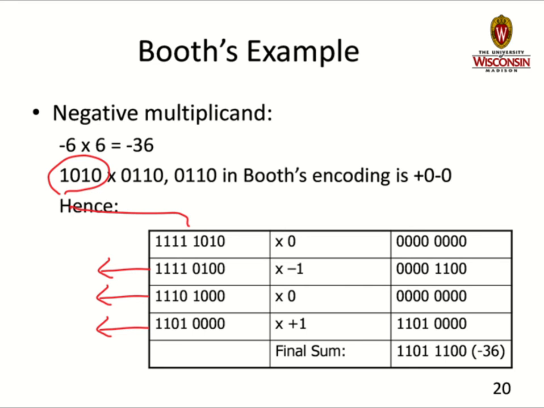The next one, again, we add 0. And then the final step, we're going to add 1. And if we actually do the arithmetic for the second and fourth rows and add them together, we get the result shown on the bottom, which if you do your binary to decimal conversion, you'll see that that corresponds to the number minus 36. So engineering proof, we know that it works because we tried it with one example.